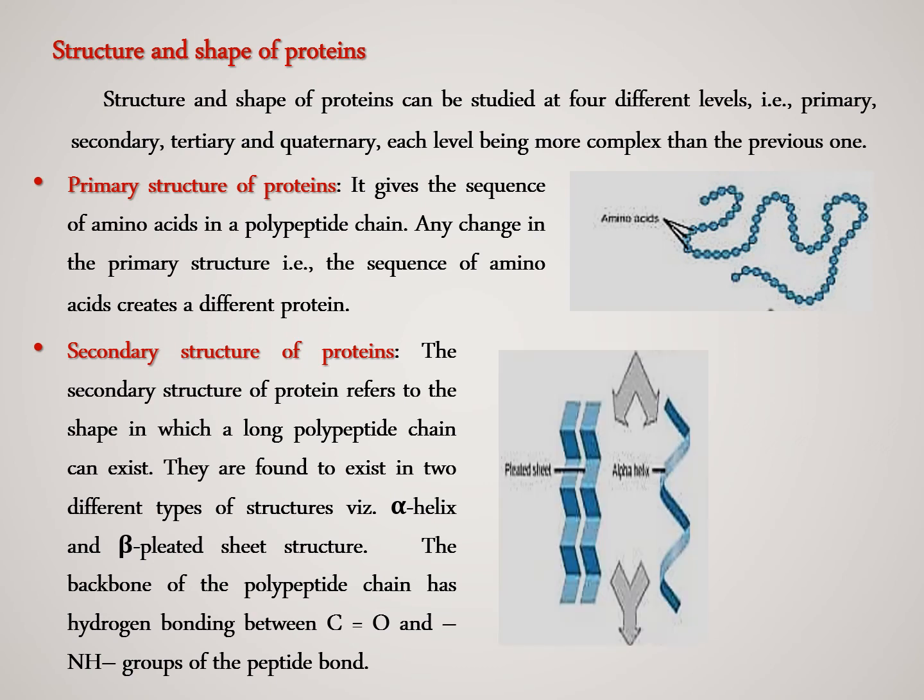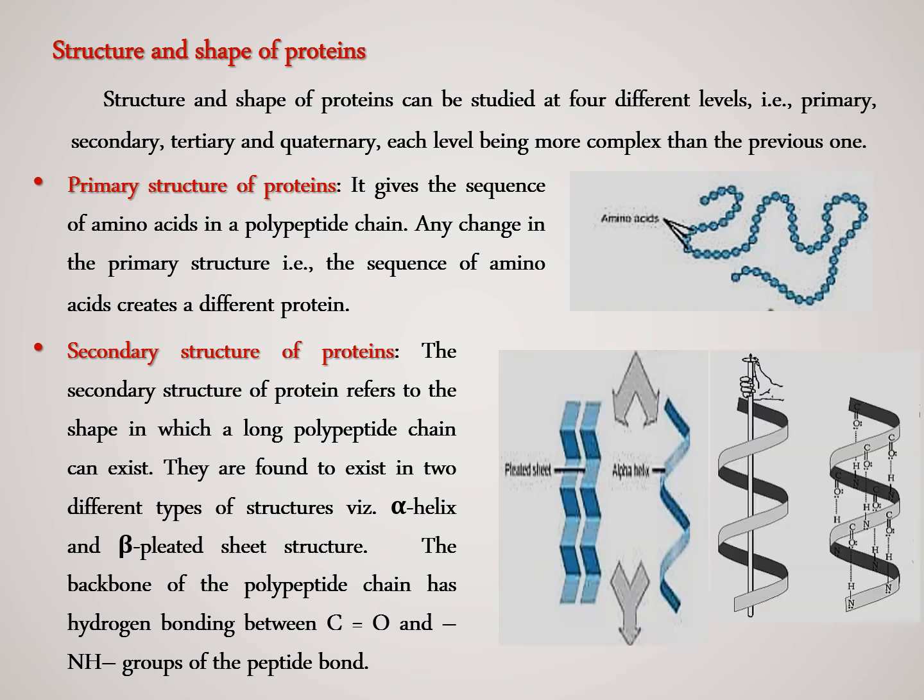The alpha helix which we are having is found to have the hydrogen bonding between the carboxylic group of the amino acid, which is going to form a bond with the amino group of the fourth amino acid residue in the chain.